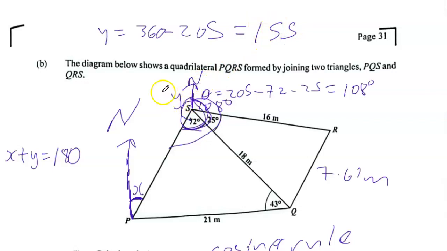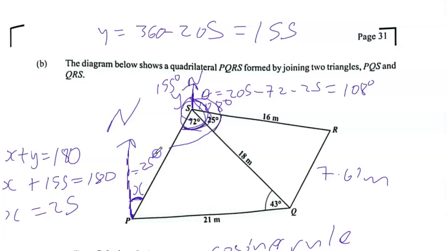So this angle Y is 155 degrees. And X plus Y, which is 155, must add to give 180. If we subtract 155 from both sides, then X is 25 degrees. So the bearing of S from P is 25 degrees.